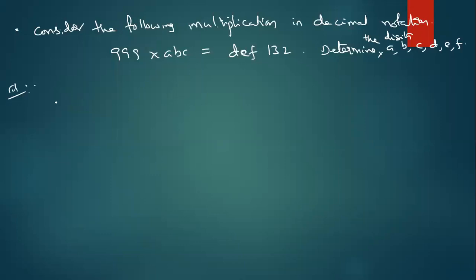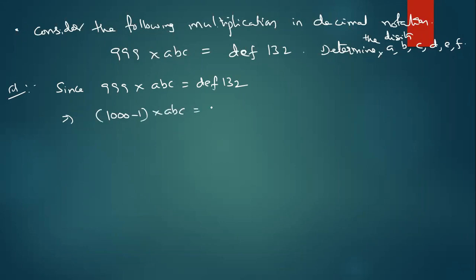Since 999 times ABC is given as DEF132, see carefully. This 999 I can write as 1000 minus 1, times ABC.